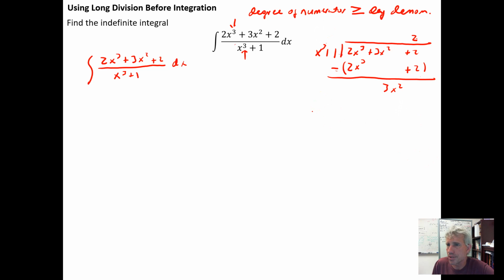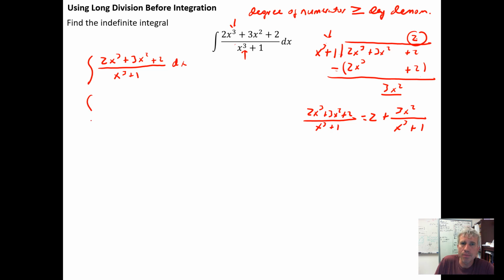And what this tells us is that the rational function 2x cubed plus 3x squared plus 2 over x cubed plus 1 can be rewritten as 2 plus the remainder 3x squared over the divisor. So it works just like regular long division: quotient plus remainder over divisor.